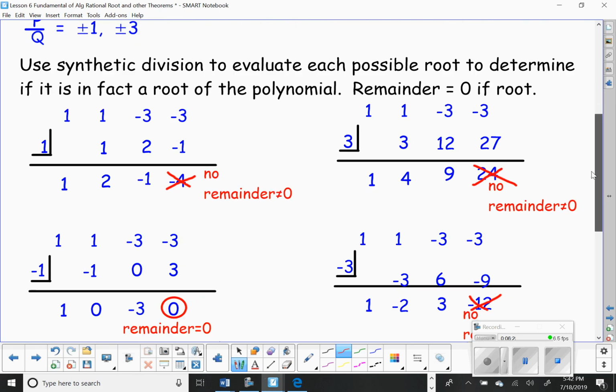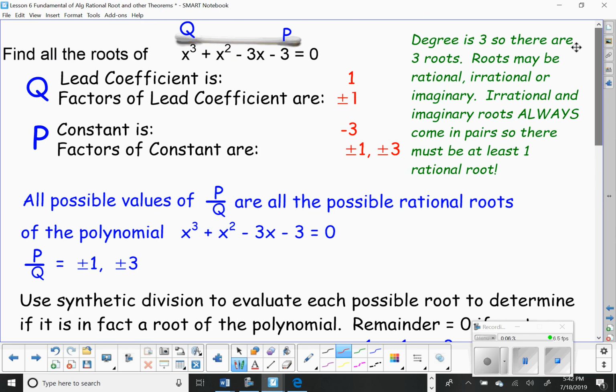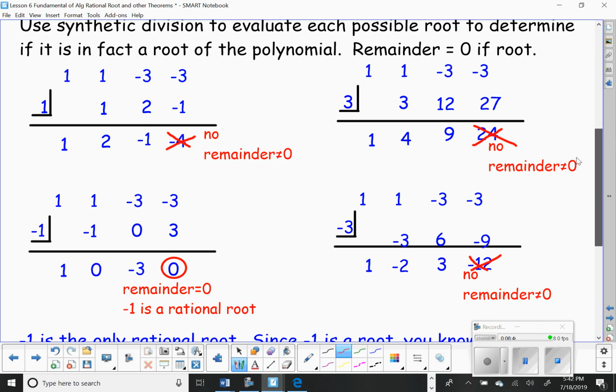Well, this is where the synthetic division comes in. Take a look at this. I've got 1, 1, negative 3, negative 3. You've got your paper so you can see all of it, but 1, 1, negative 3 are the coefficients. So, what I'm going to do is start trying. I try 1. There's a remainder. So, no. This tells me that x minus 1 is not a factor.